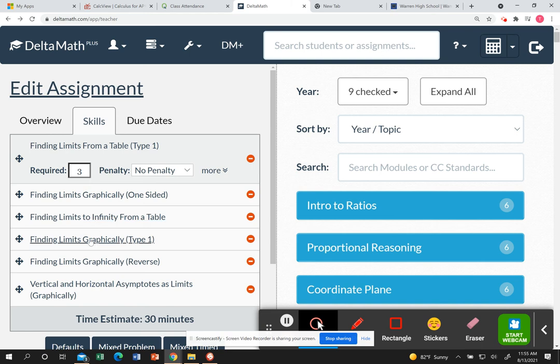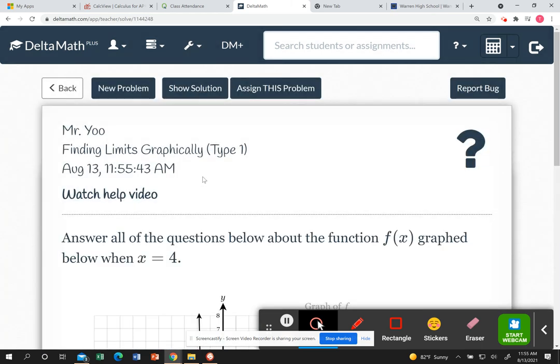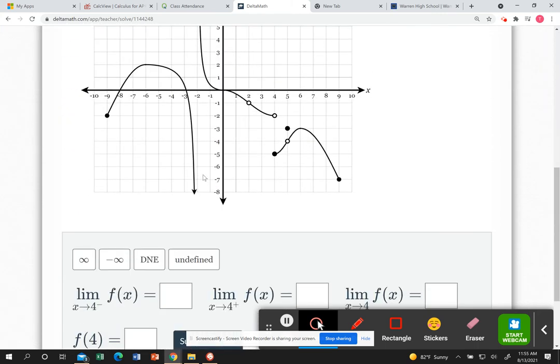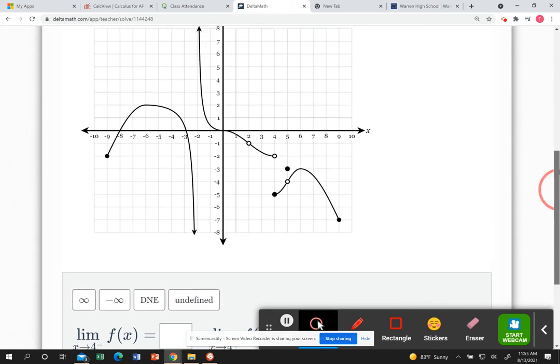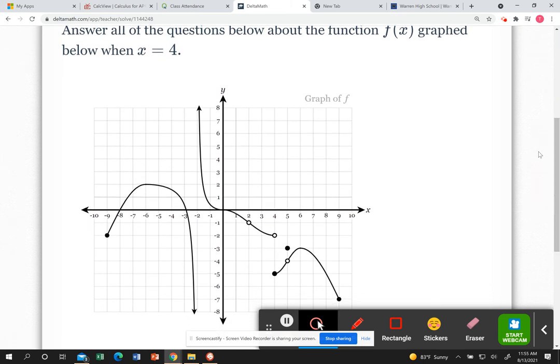So this is a graph. Okay, remember your y value is your answer. Okay, so here we go. Alright, can you follow my mouse right here? Do you see the mouse?